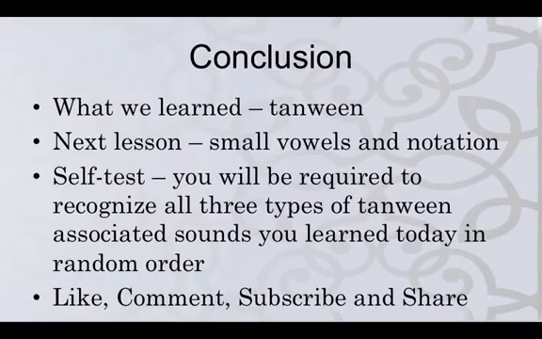As part of the self-test, you will be required to recognize all three types of tanween that you learned today and their associated sounds in random order. So what I will have the instructor do is write down a random letter and put a random tanween on it, either fathatan, dhammatan, or kasratan, and you will be required to say this is ba fathatan ban.